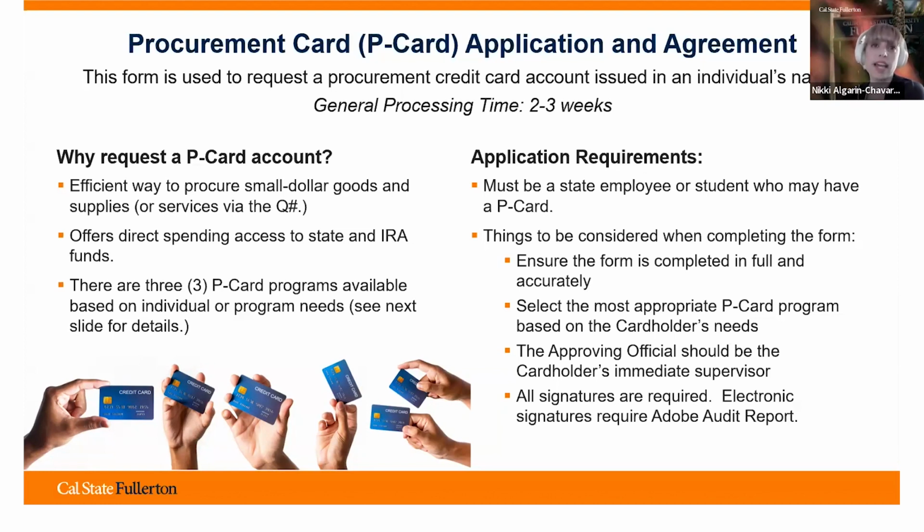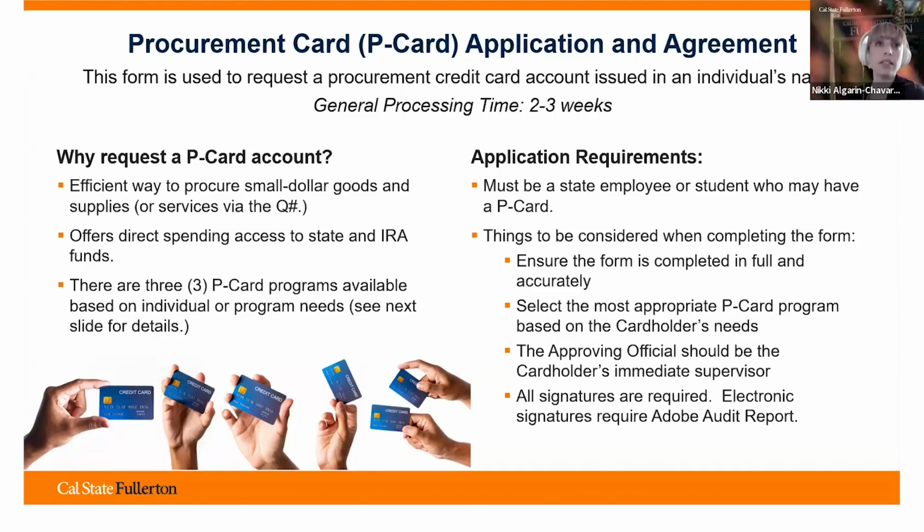It's an efficient way to purchase small dollar goods and supplies, and some services with a queue number. It also offers direct spending access to state and IRA funds. And then there are 3 programs available based on an individual or a program's needs.